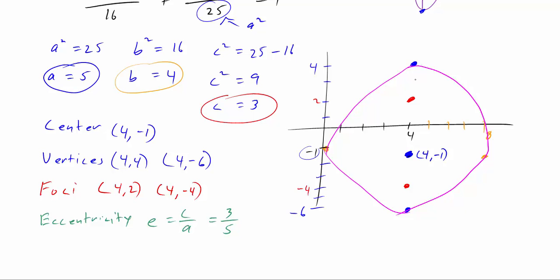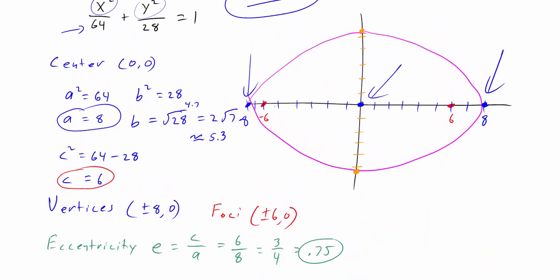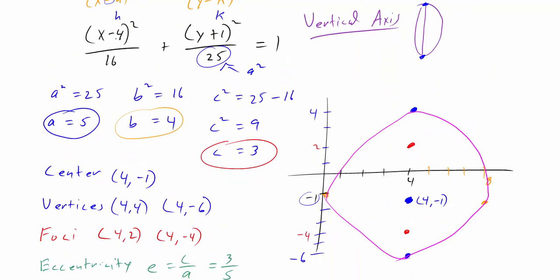Okay, so hopefully now you're starting to get the hang of this. This one had a center at 4, negative 1, whereas the other two had a center at the origin. So you can see the difference between nothing being subtracted, or in this case where we're subtracting away the x minus 4 and we have the y plus 1. That gives us the center of h and k.